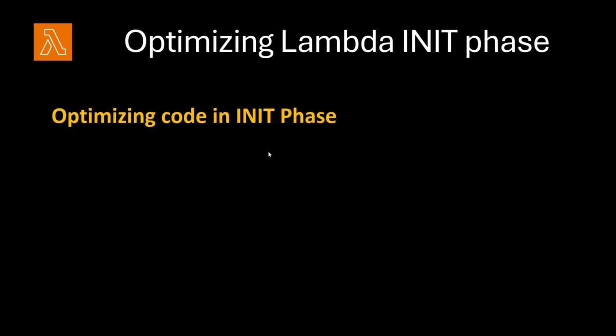The second strategy is optimizing code within the init phase. Now, to understand this better, you need to investigate what happens within the init phase. For example, you could be setting up and running some configuration during the init phase, and now you make it leaner and more efficient to decrease your initialization duration. For instance, you can use languages like Node.js and Python.